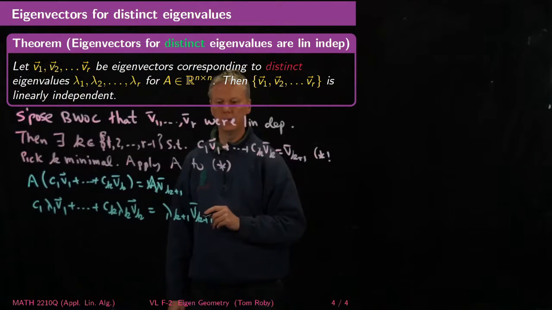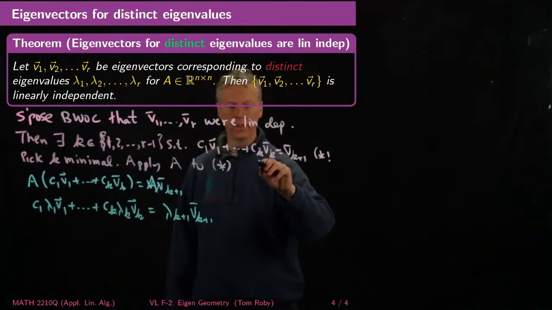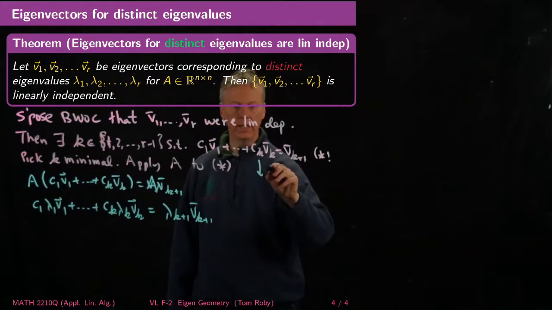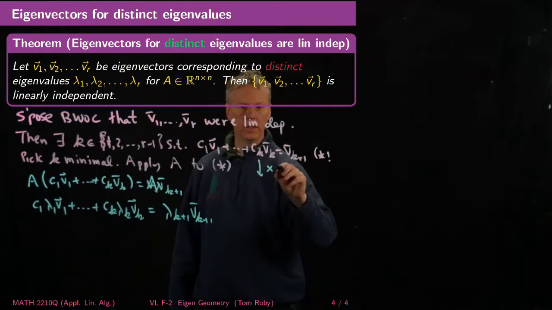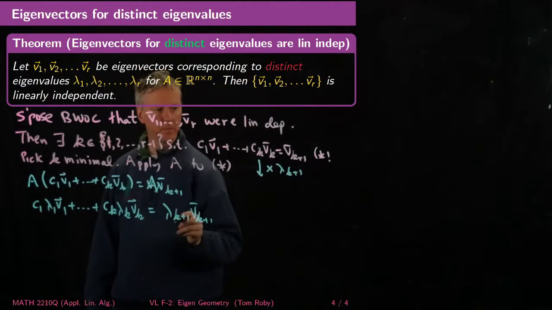Now, I can also take star and multiply it times lambda (k+1). So what will I get there?